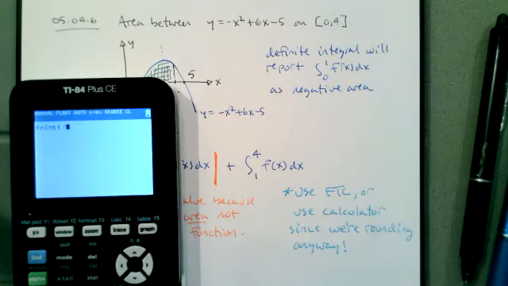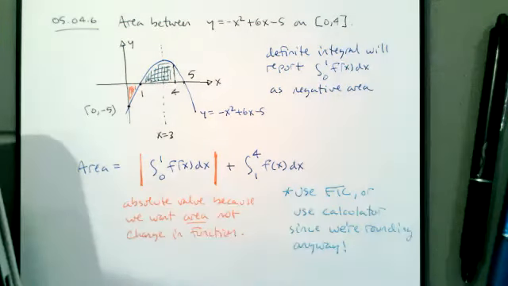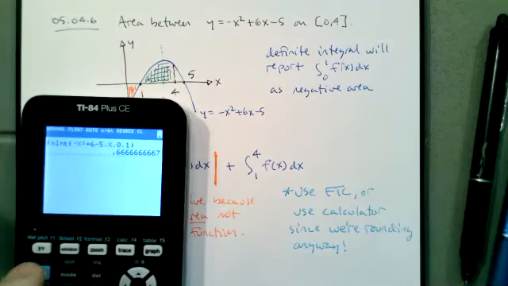And we want to integrate negative x squared plus 6x minus 5 with respect to x from 0 to 1. Why did it come out positive? Did I miss something? Oh, because I put plus 6.